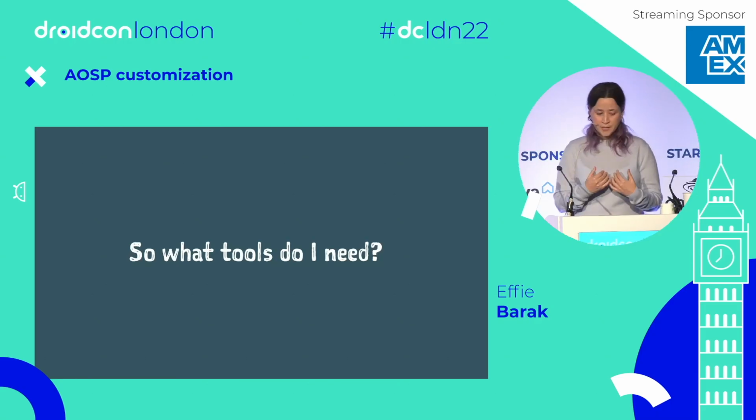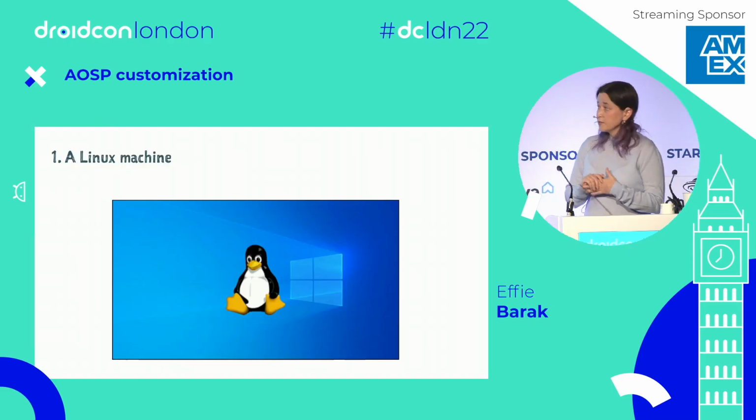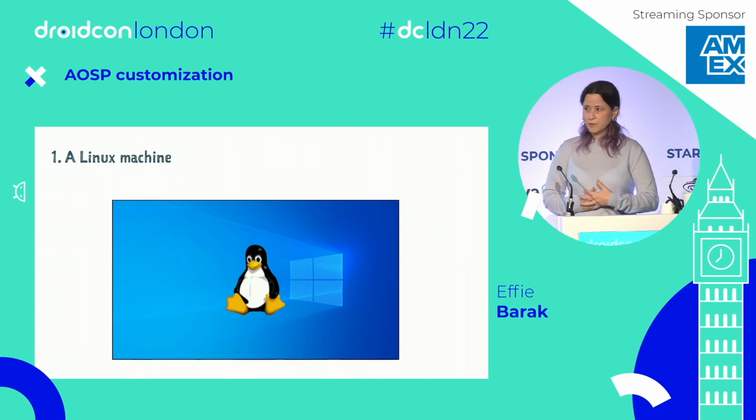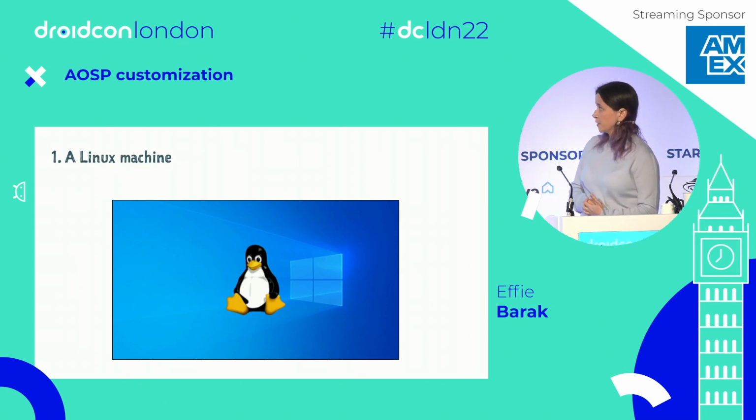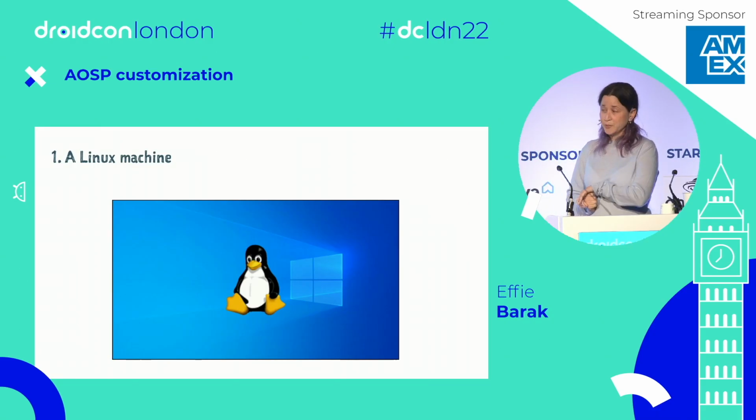So what tools do I need as an indie AOSP developer to get started and develop for AOSP? The first thing is a Linux machine. AOSP is not currently supported to build on any other platform. I put the image of the Windows WSL here because it does work.